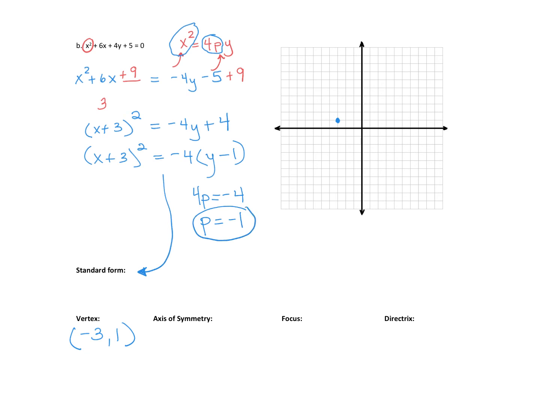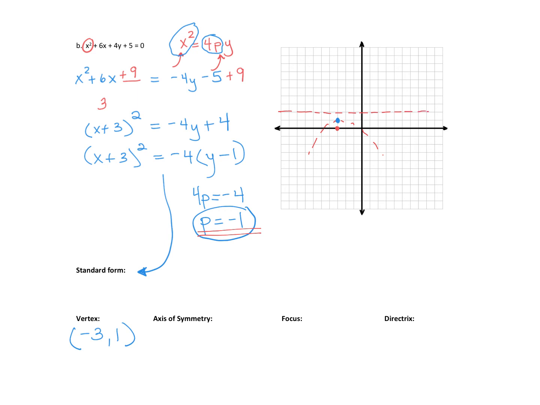And it starts with an x squared, which is either up or down, and our p-value is negative, so I know it's going to open down. I just don't know really how wide it is. So our focus is 1 unit in front here, and our directrix is 1 unit behind here.